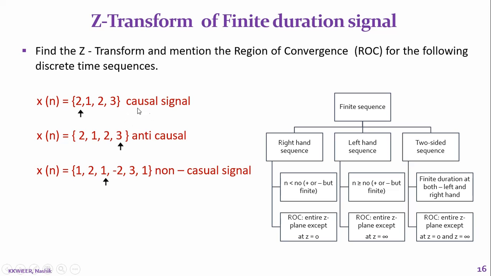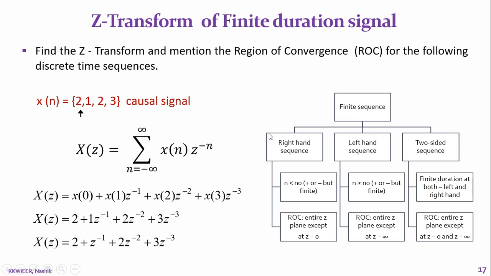I will tell you with the help of one example. Let us consider the first case. So in this case, x of z can be given as, what you have to do, just go on substituting the n value as 0, 1, 2, 3 and substitute the values of x of 0, x of 1, x of 2, x of 3 here.